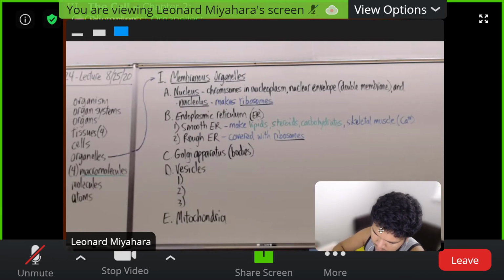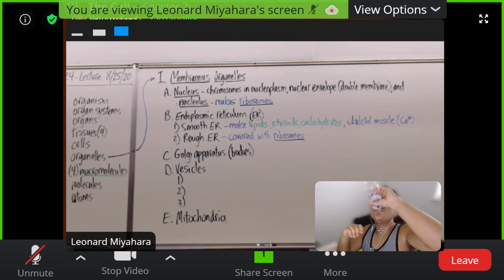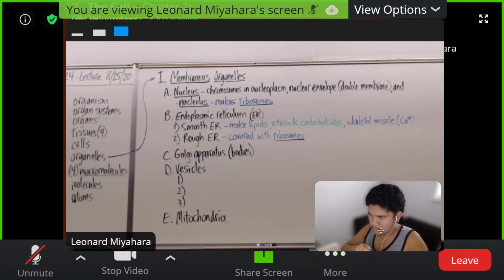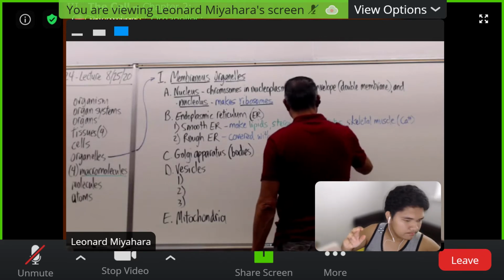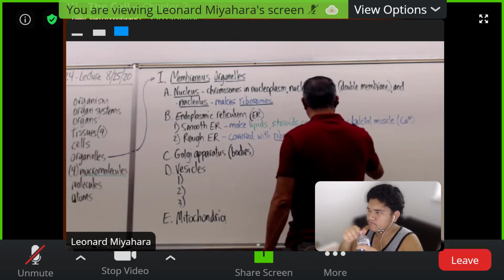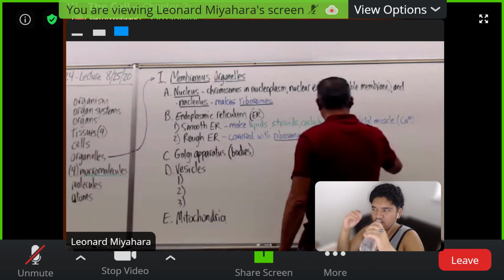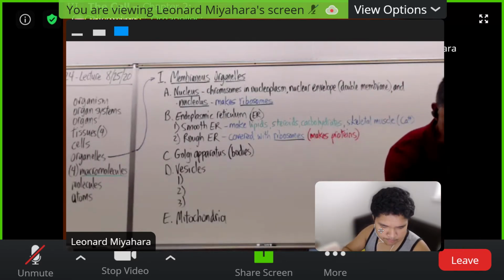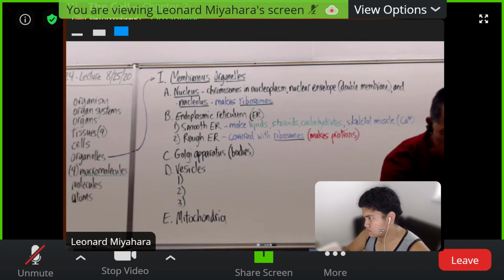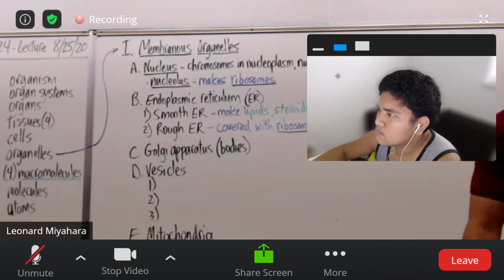I wonder what I should use here. Using purple, blue, red. I'll use red, even though I use red for ATP. In case you want to see what the whiteboard looks like now. That's what it looks like.